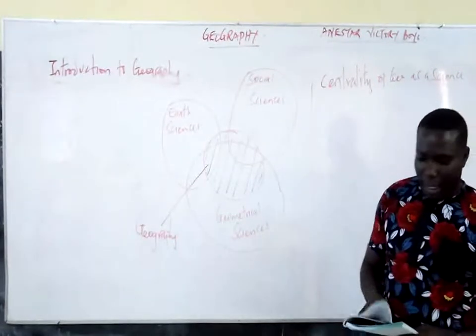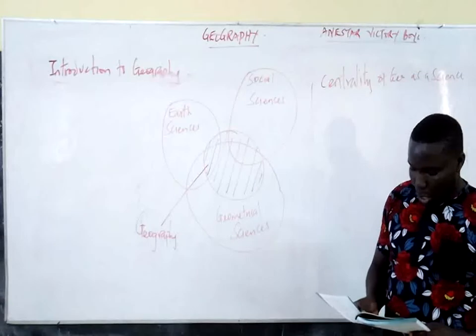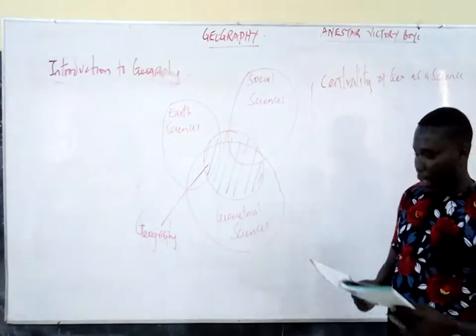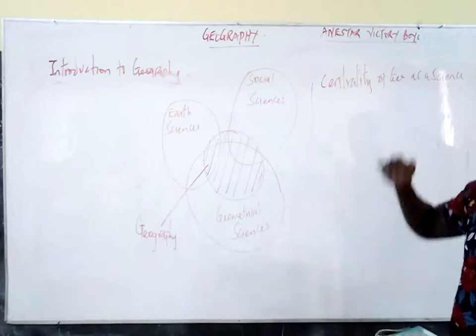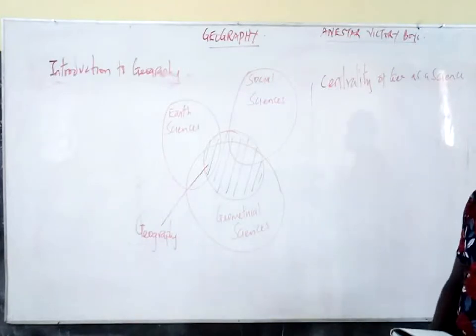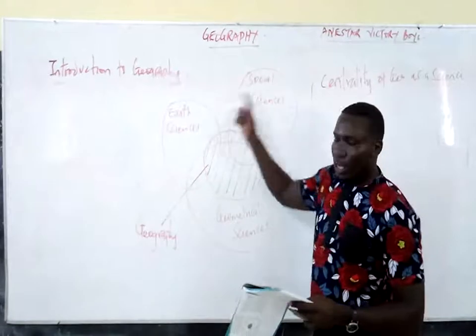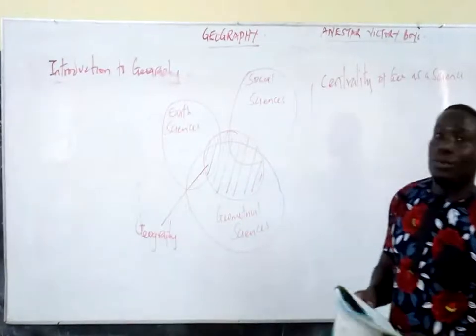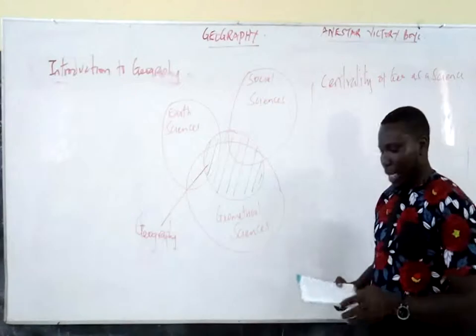Remember, in our previous diagram, we looked at the social sciences, and also the physical and biological sciences, being grouped into two. And this means that all of them relate to geography, and also geography relates with all these sciences.